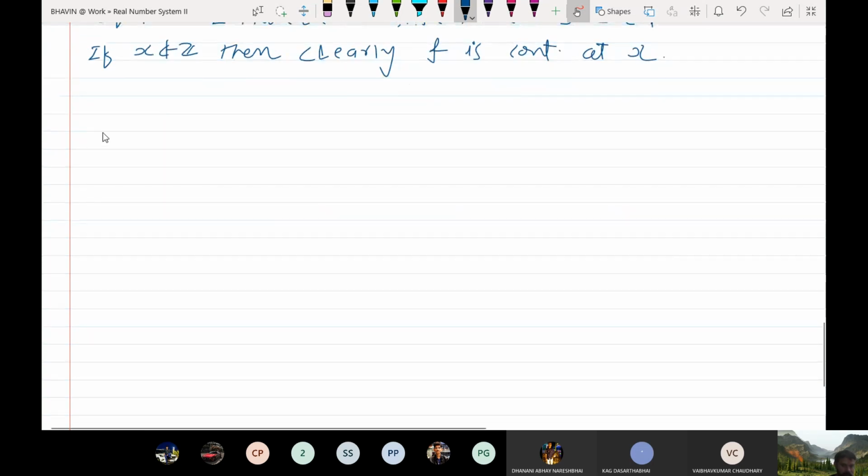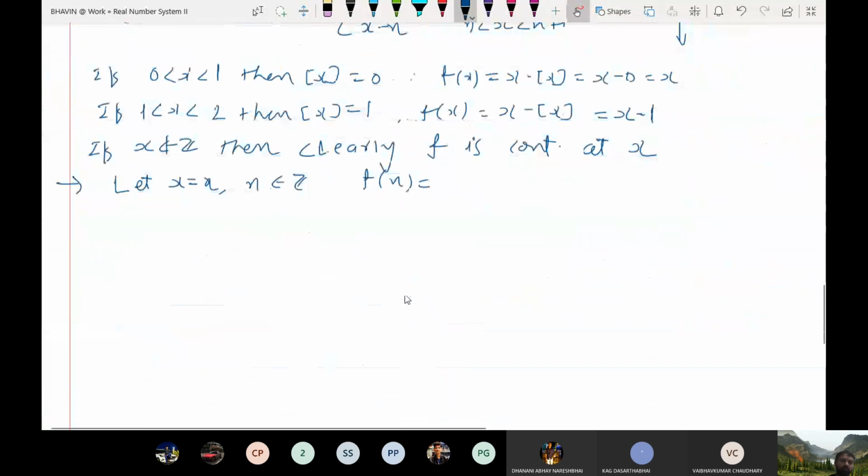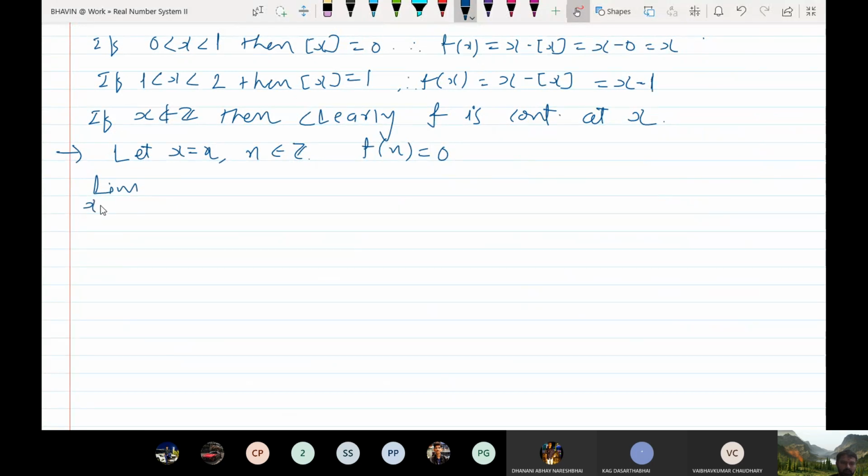Okay, so now let's discuss continuity at n, where n belongs to Z. Now what is f(n)? If you put x equal to n, f(n) means 0. Now let's find out its right limit. f(x) is nothing but x minus box x.